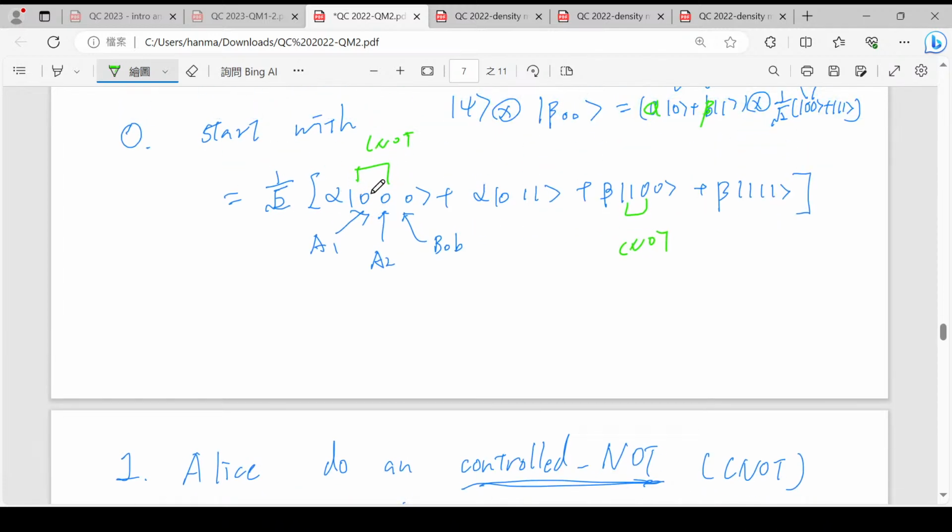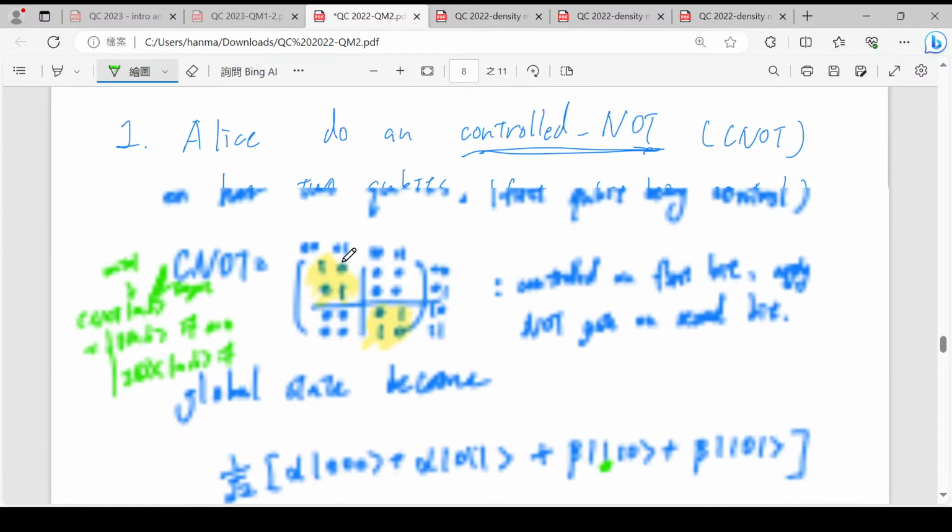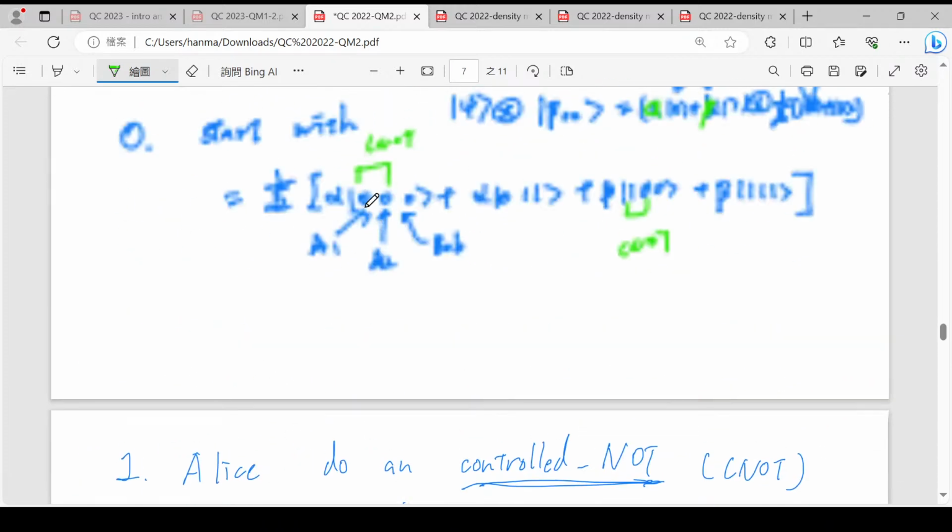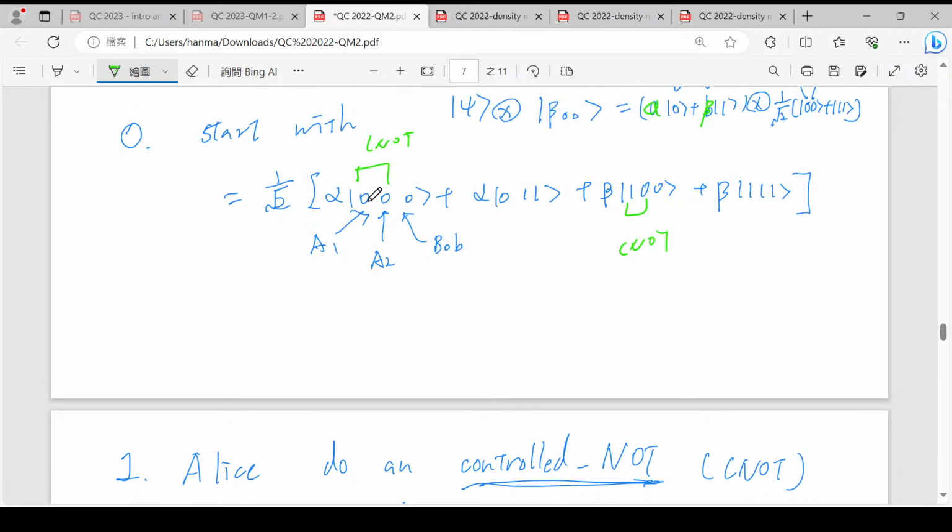So CNOT applied on this 00 part, what is the result? The answer was CNOT applied on 00. Okay, first is control, second is target.